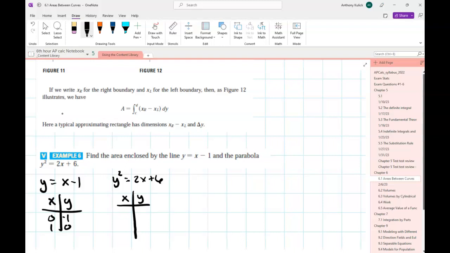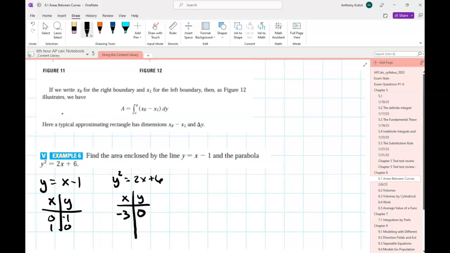What's the smallest output that y squared can have? 0. What value of x is going to give me a y value of 0? Negative 3. That's basically like the vertex of my parabola. And then I'm just going to pick some values of x, and I'm going to settle on whenever I get an integer value here for y, right? So if x is 1, y squared is 8. 8's not a perfect square, I don't want to use that one. If x is 2, y squared is 10.